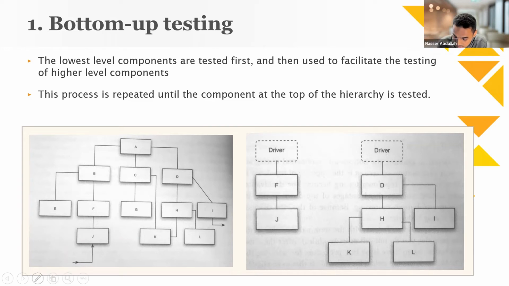For example, we can start testing the last level, which is J, K, L. If we need any component from the high level, we have to create a driver to test the other unit.